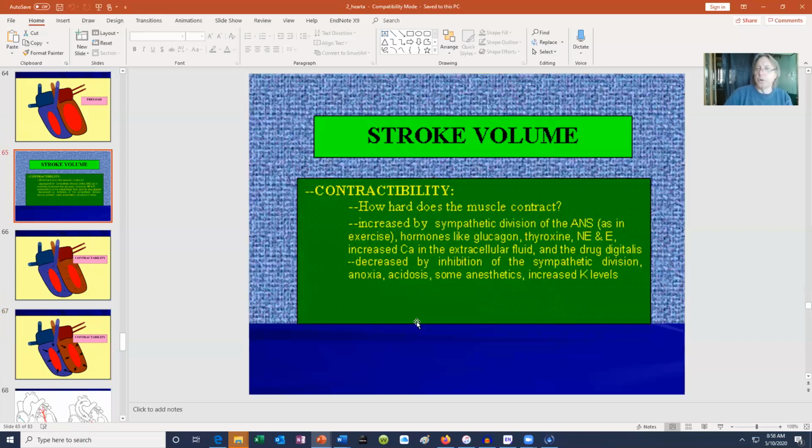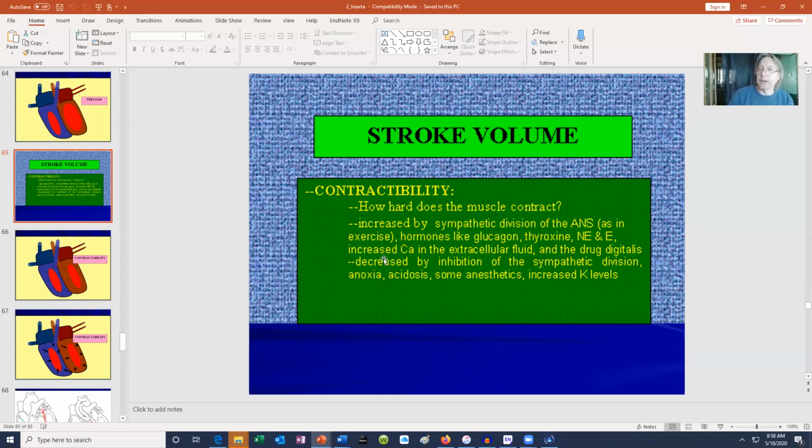So for example, when the autonomic nervous system is engaged, when I'm doing the fight or flight response, I'm releasing epinephrine, and that's going to cause more contractibility and a higher stroke volume. Calcium, we know calcium comes in causing that plateau.